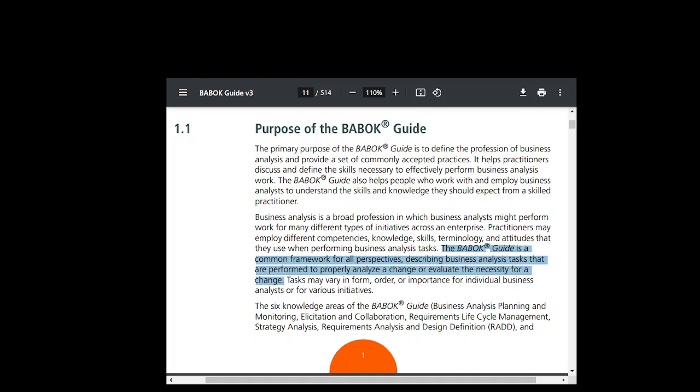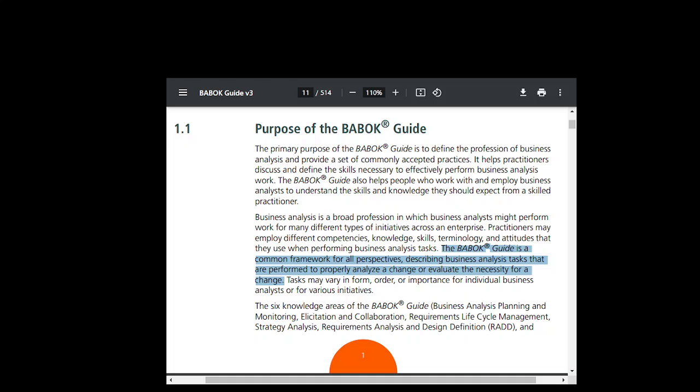So the BABOK Guide, I'm reading what I just highlighted: the BABOK Guide is a common framework for all perspectives, telling you that this is across board for all perspectives.